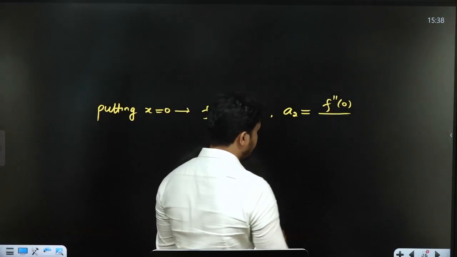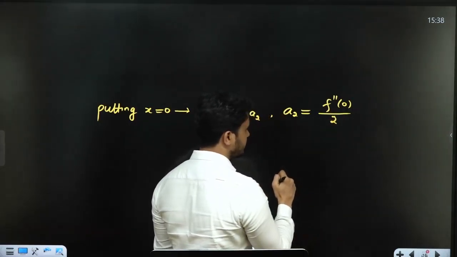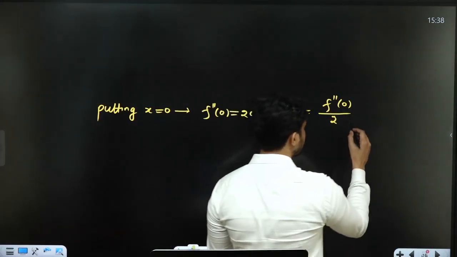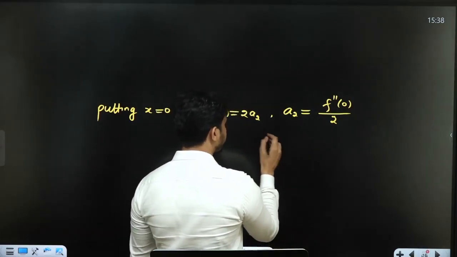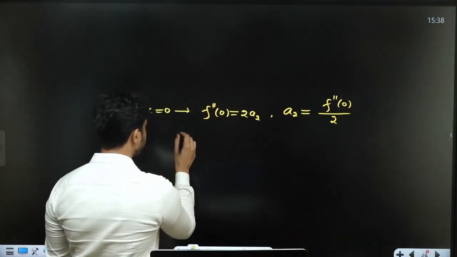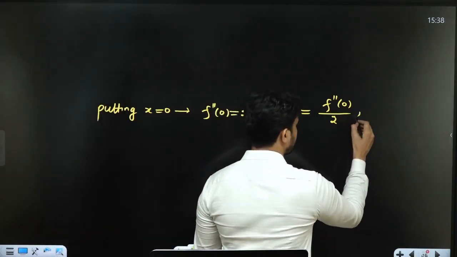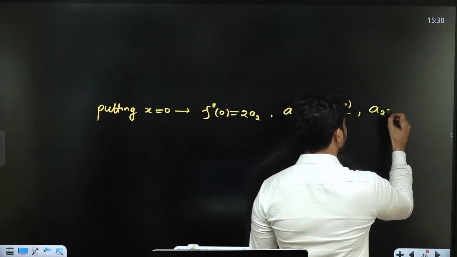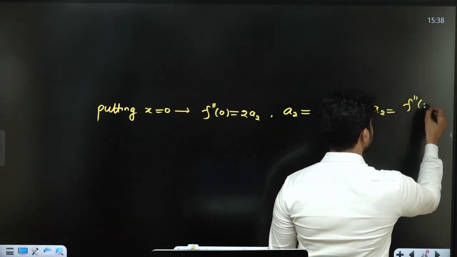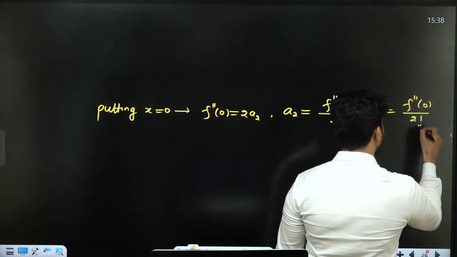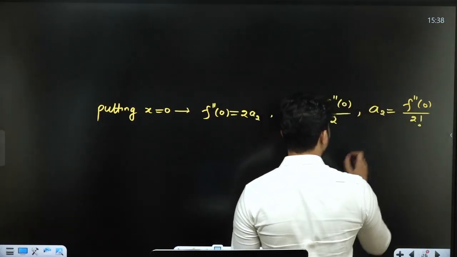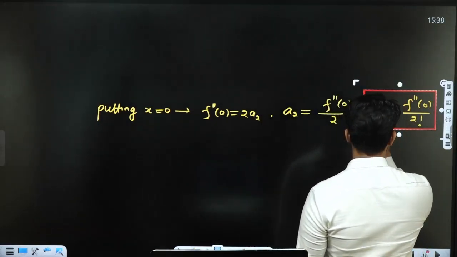Sometimes you can write this 2 as 2 factorial, because 2 factorial is 2. चलो आगे लिख देते हैं. a2 is equal to f''(0) upon 2 factorial. The reason being 2 factorial has the value equal to 2.